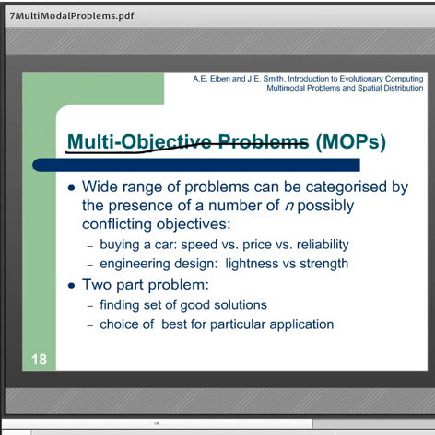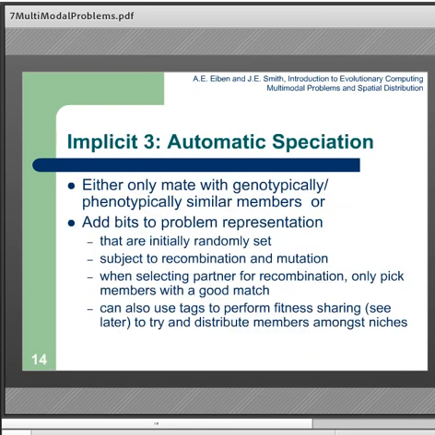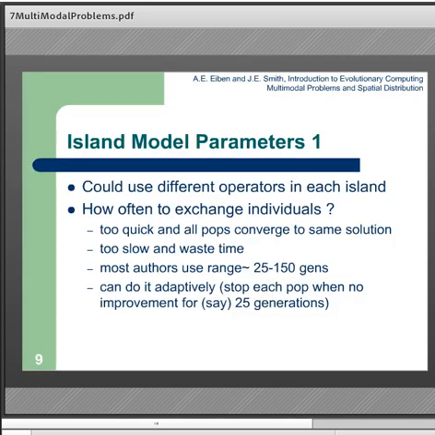Multi-objective problems relate to problems that have more than one fitness. This type of problem is named as a MOP, or multi-objective problem.